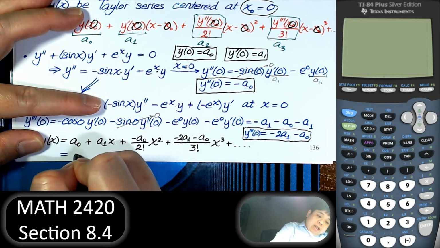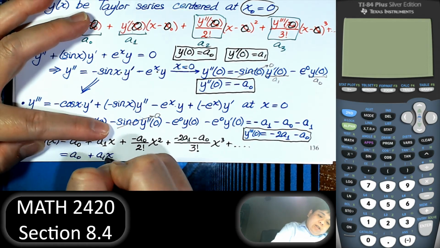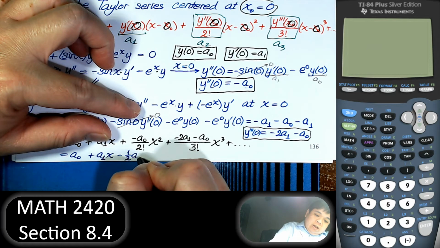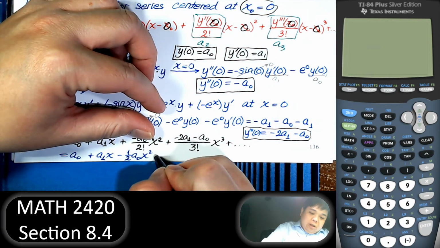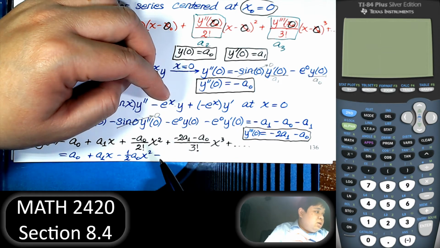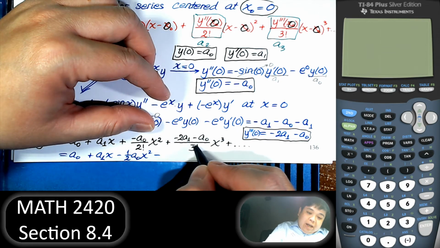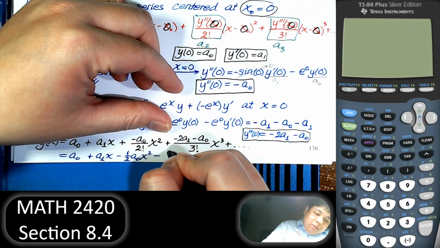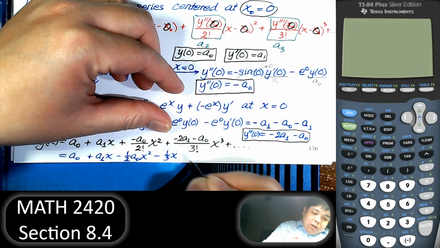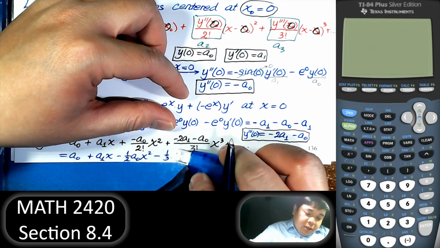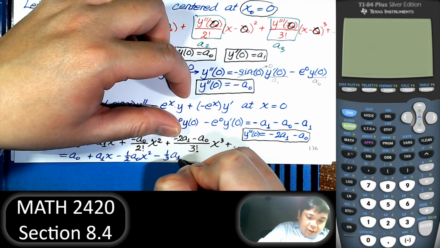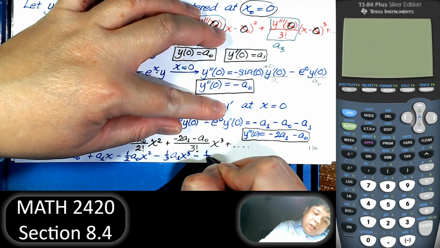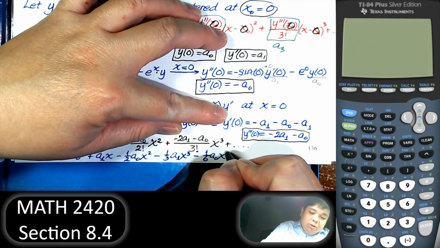We have a naught plus a1x minus 1/2 a naught x squared minus, that could be 6, 2 over 6 is 1/3, minus 1/3 a1 x cubed minus 1/6 a naught x cubed, and then so on.